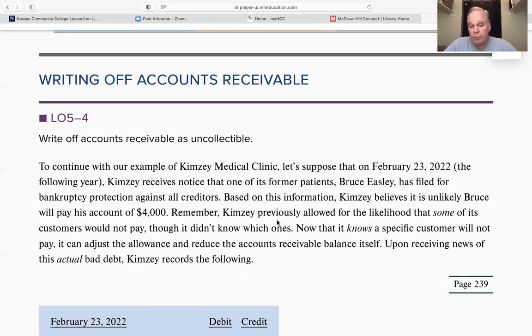Now, again, every company has different policies on things like this. I would say anywhere from 4 to 6 months. If you haven't gotten paid, you're not getting paid. It's time to write off the account. Right? Write off the account. Now, a lot of stuff. So here's an example here. Here's a customer, Bruce something, right?